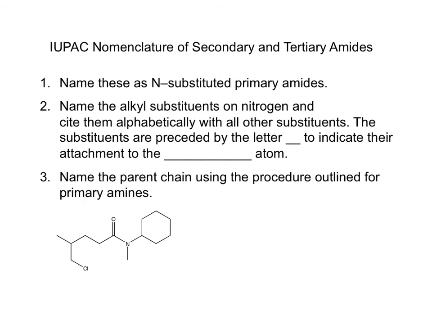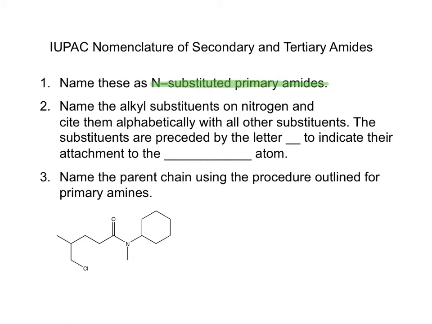Alright, so now we're going to tackle what do you do when the nitrogen is substituted. So that would be secondary or tertiary amides. And what we're going to start out with is very similar to amines, actually. We're going to name these as N-substituted primary amides. So we're going to actually name it as a primary amide, just like we did on the last slide. We're going to indicate there is something on that nitrogen by treating that as a substituent.